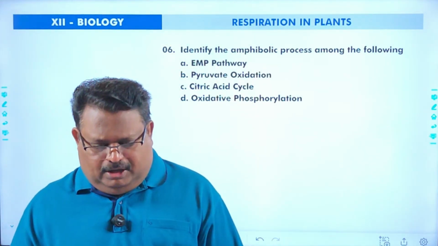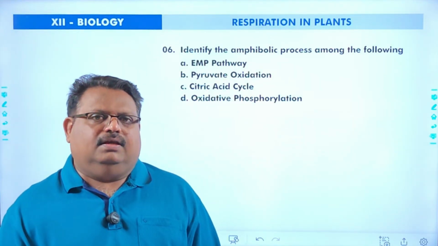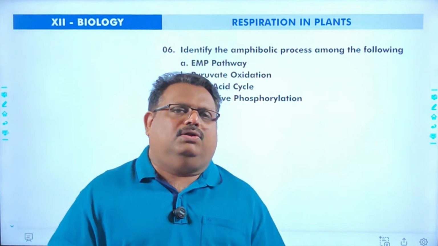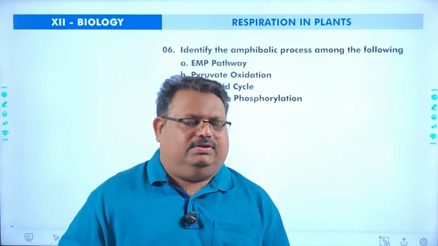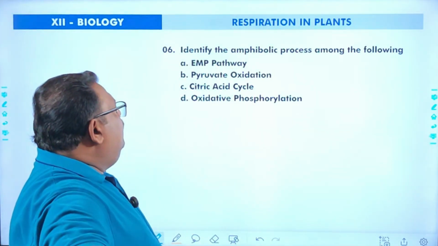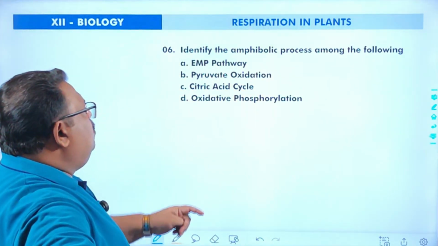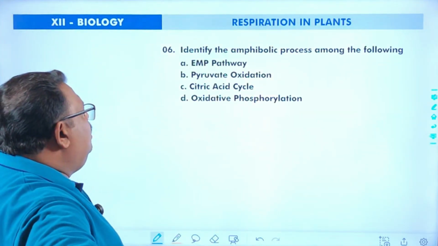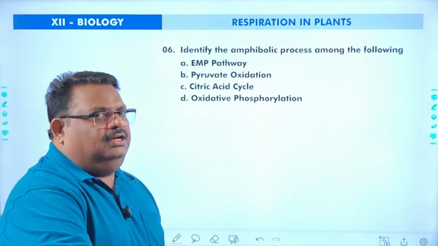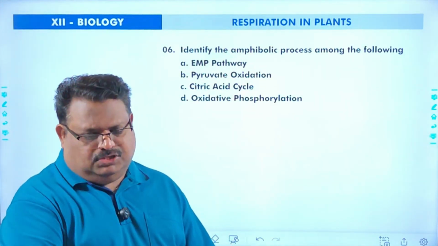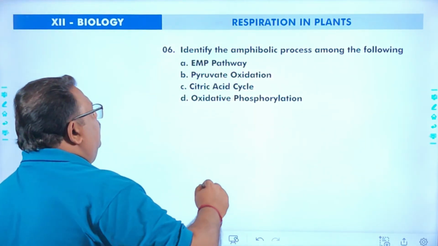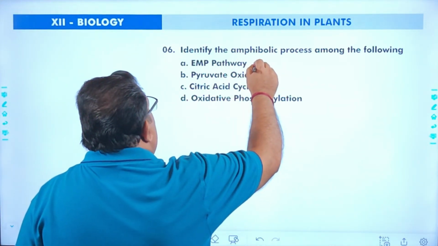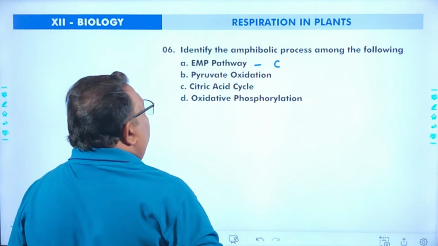Identify the amphibolic process among the following. Amphibolic means it is both anabolic and catabolic, both destructive and constructive. So here, EMP pathway, pyruvate oxidation, citric acid cycle, and oxidative phosphorylation. These are the important steps in the respiratory pathway. So EMP pathway is totally catabolic.